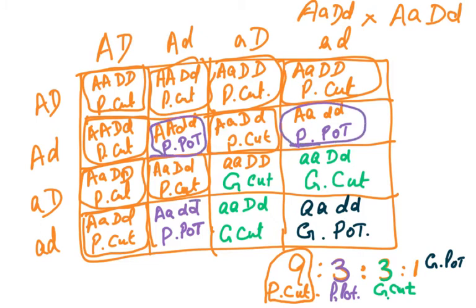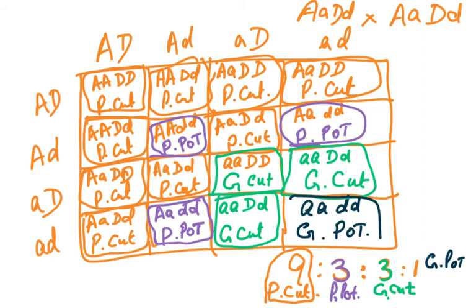Then the other 3 are the green cut, and there's 1 which is green potato, which is of course both the recessive traits.